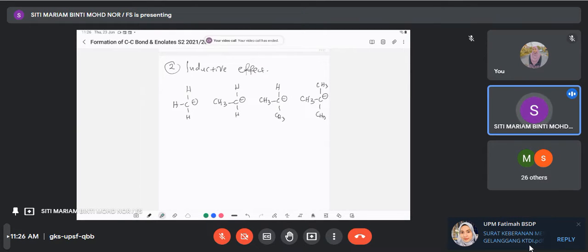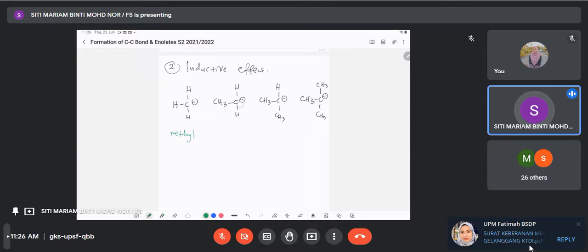So what you see here, the carbanion is like a carbocation. You can say the class of your carbanion as well. If you look here, we can label it. This is the methyl carbanion. You have CH3 minus, so methyl carbanion.